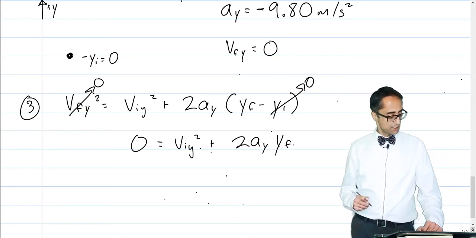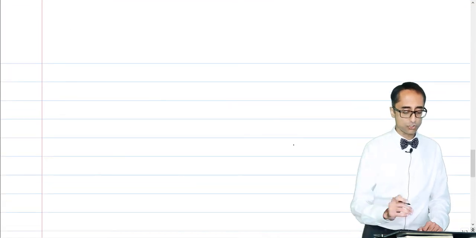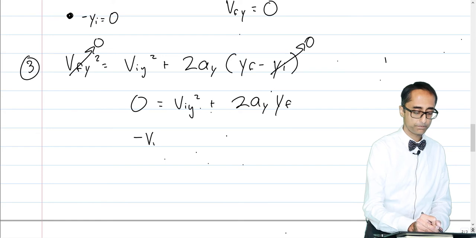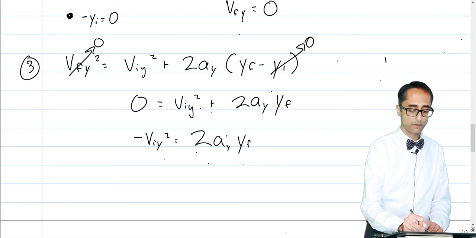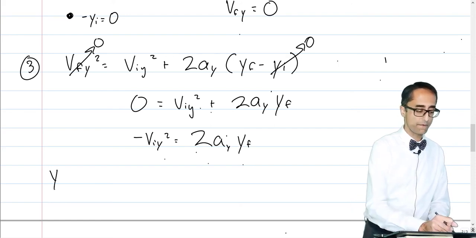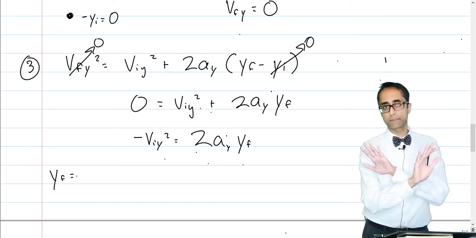All right. So keeping in mind we're looking for y final, we move our v initial y squared to the other side. And solve for y final. And so we can write y final if we divide both sides by 2a, and we'll just flip sides.